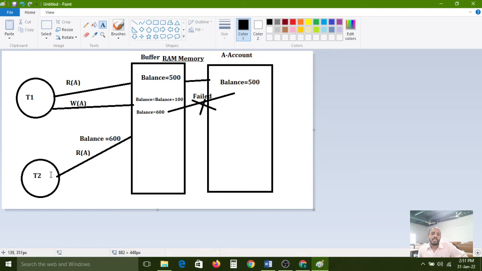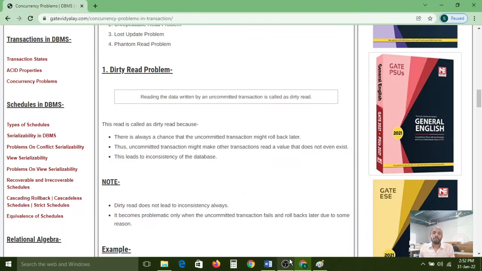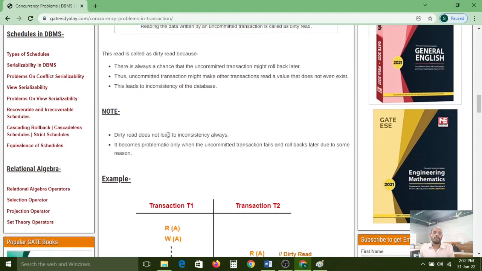But transaction 2 is reading the 600 rupees amount. This type of reading problem we get while multiple transactions simultaneously access the same database. So that is the major problem. This type of problem is called the dirty read problem.